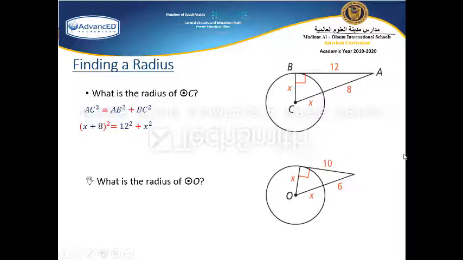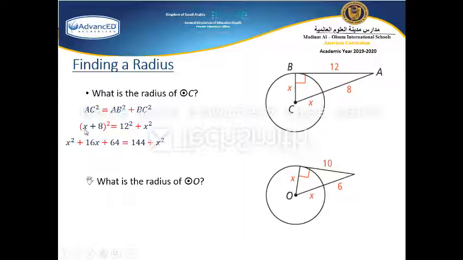After making the substitution, we will evaluate the exponents. Here, if you remember how to evaluate a binomial squared, we will find the first squared, x squared, plus first times second times 2, plus the second squared.